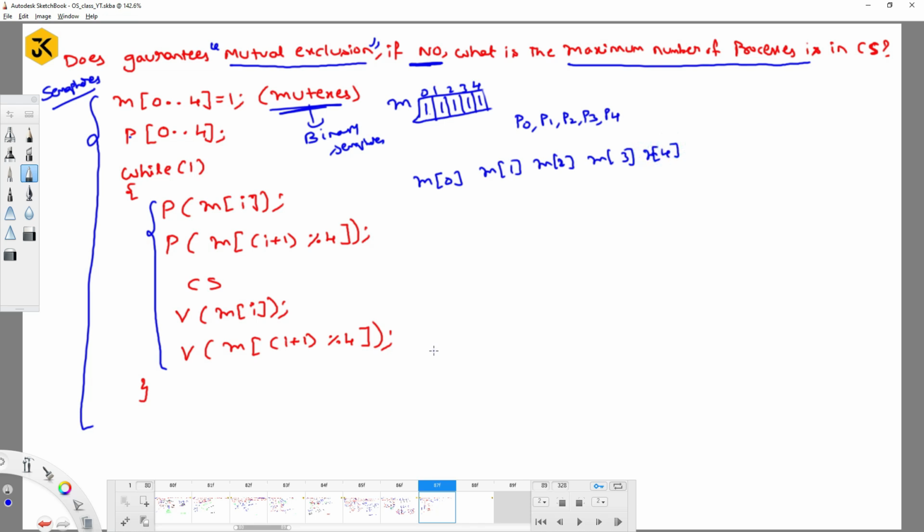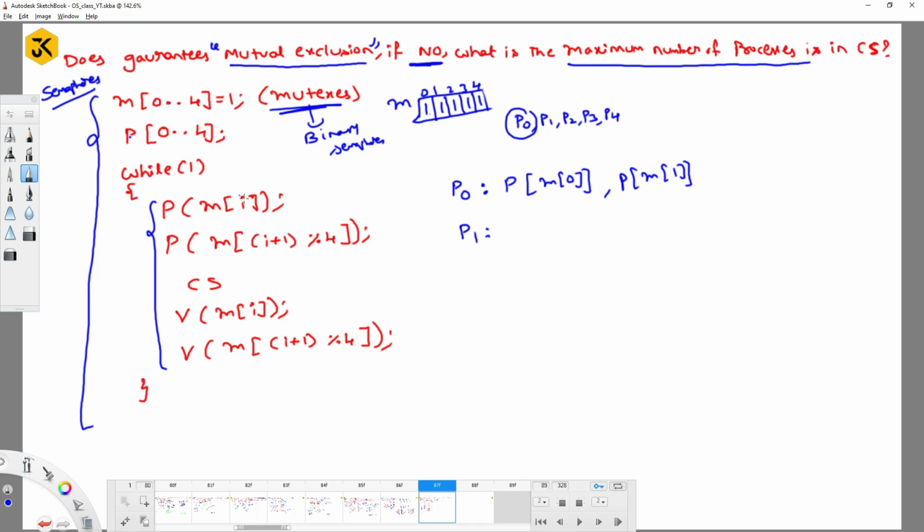Try to observe if I rewrite it in a different manner. If process P0 gets a chance, process P0 is related to P of m of 0 and P of m of 1. And what about process P1?